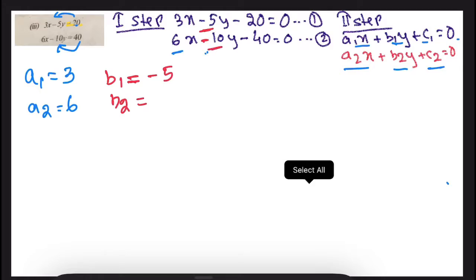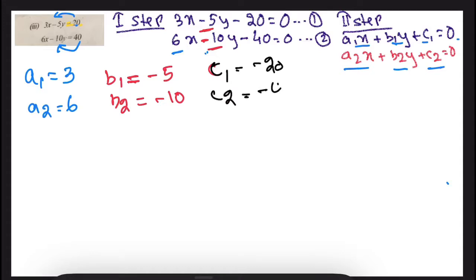Then what is our c1? The constant of the first equation is minus 20. The constant of the second equation is minus 40, so c2 equals minus 40.